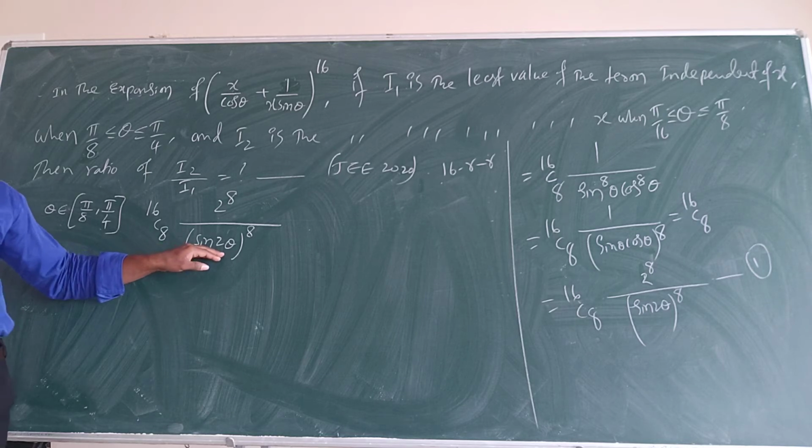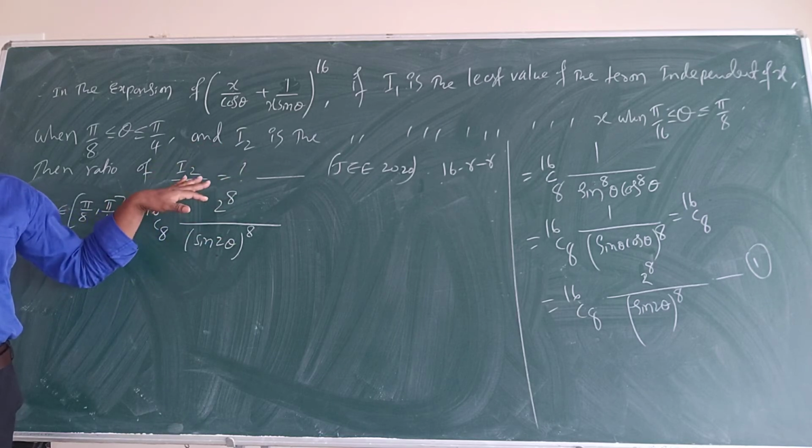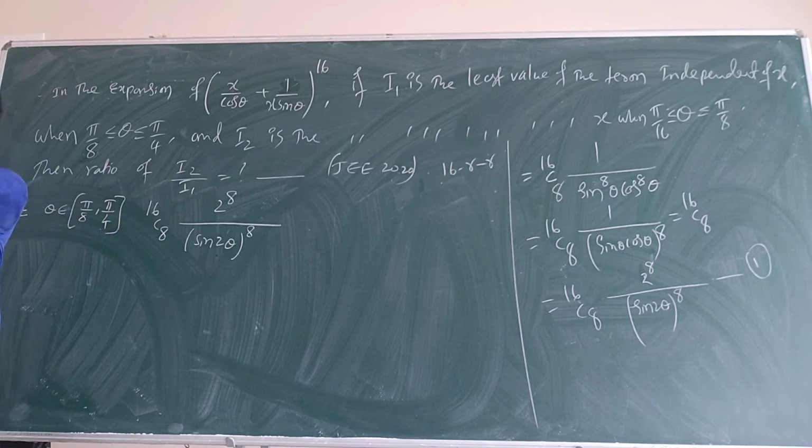When you have a denominator, you want the maximum of it. What is the maximum of sin? 1. The range of sin is from -1 to 1, so the maximum is 1. So which angle do I have to use, pi by 4 or pi by 8?